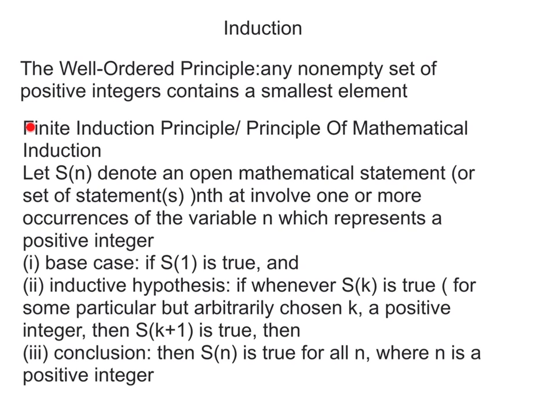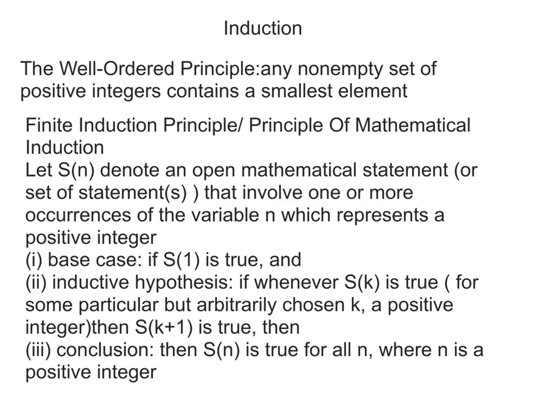The finite induction principle, also known as the principle of mathematical induction, says, let S(n) denote an open mathematical statement or set of statements that involve one or more occurrences of the variable n, which represents a positive integer. Then if the base case is true, if S(1) is true, and the inductive hypothesis is true, and this is the inductive hypothesis, if whenever S(k) is true for some particular but arbitrarily chosen positive integer k, then S(k+1) is true.